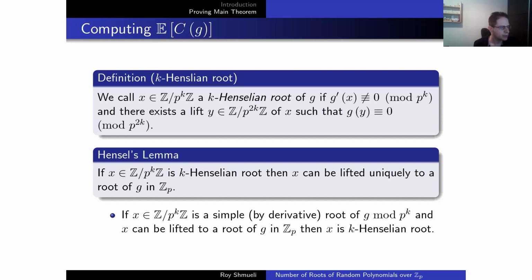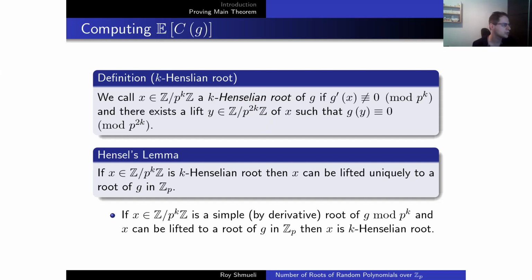The other fact, which can easily be proved, is that if x is a simple root of g modulo p to the power of k, and x can be lifted to a root of g in the p-adic integers, then x is a K-Henselian root. This is because I can take the lift in the p-adic integers and reduce it modulo p to the power of 2k.